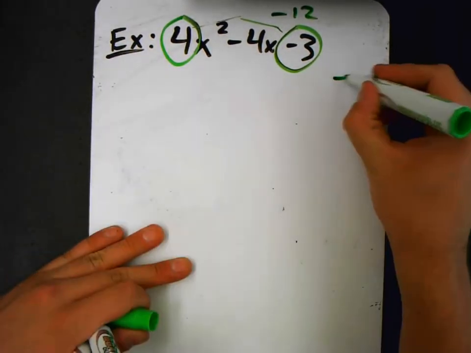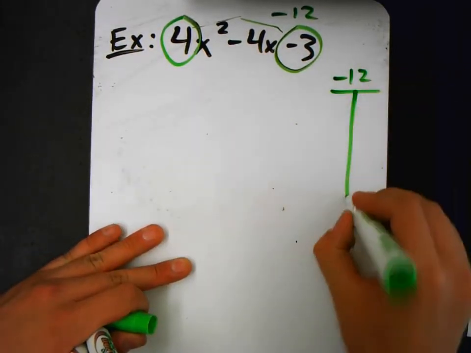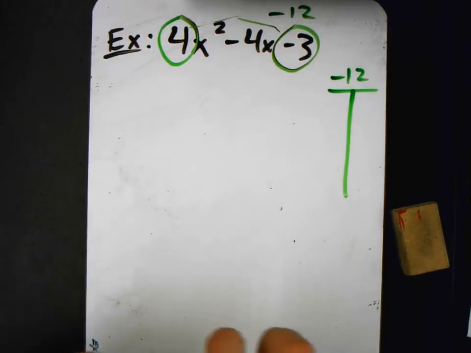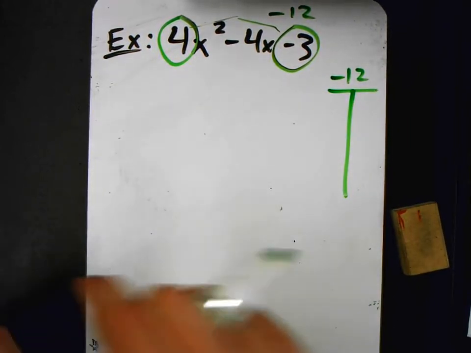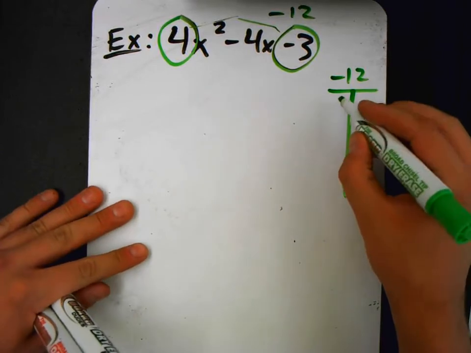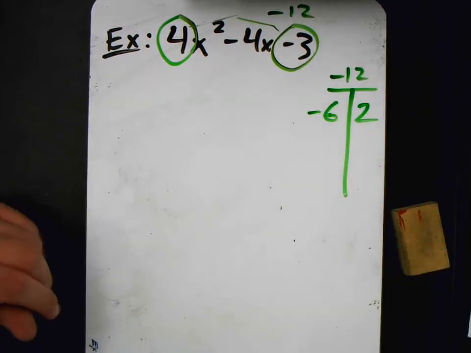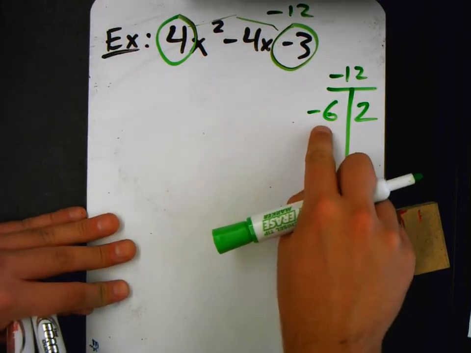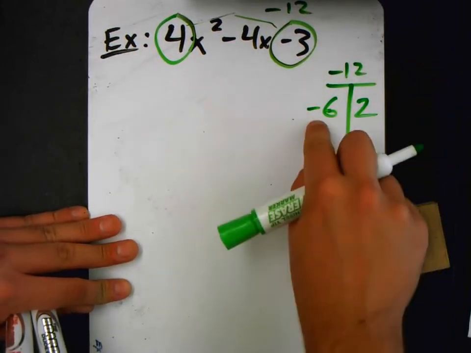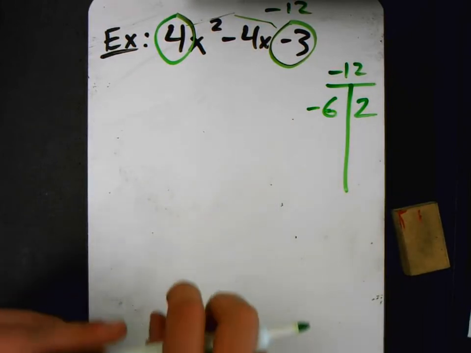And now we want to find factors of that negative 12 that add up to equal negative 4. And instead of going through the entire list, I'm just going to tell you that negative 6 and positive 2 are those factors. Negative 6 times 2 is negative 12, and negative 6 plus 2 equals negative 4.